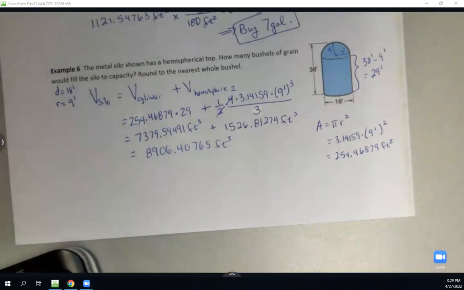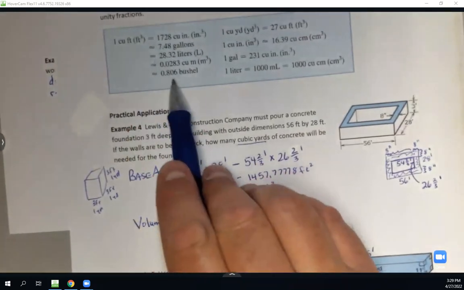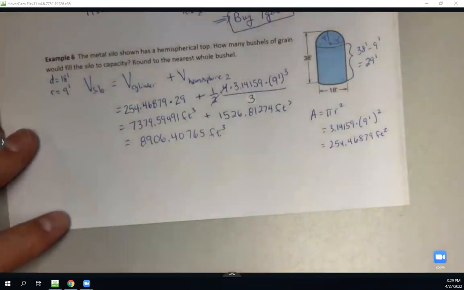But the question was, how many bushels of corn or beans or whatever could I put in there? Okay. So 1 cubic foot is the same as 0.806 bushels. Okay.